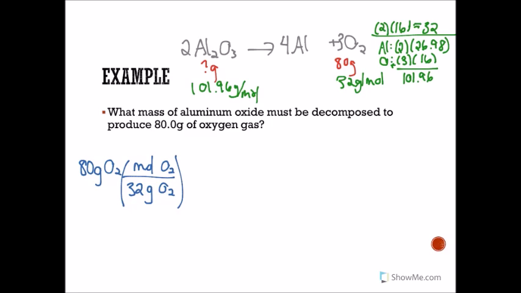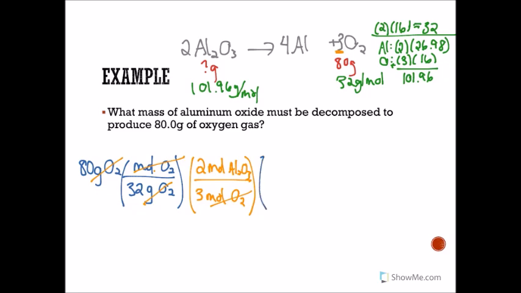Now that we've converted our substance to moles, we need to use our mole ratio. We have moles of oxygen on top. We need to use those coefficients out front and put 3 moles of oxygen on the bottom to get moles of oxygen to cancel off. Then we put 2 moles of aluminum oxide on top, because that's what we're looking for.